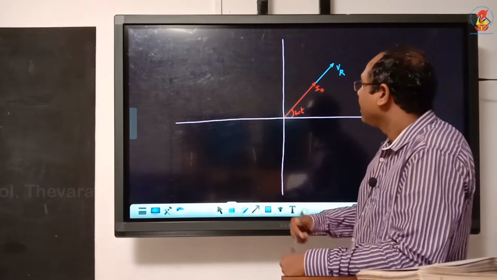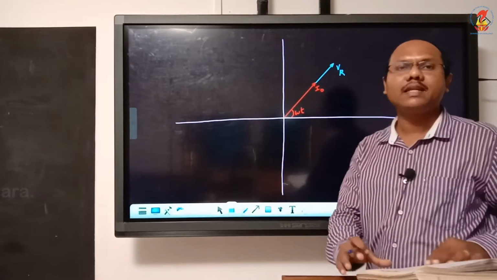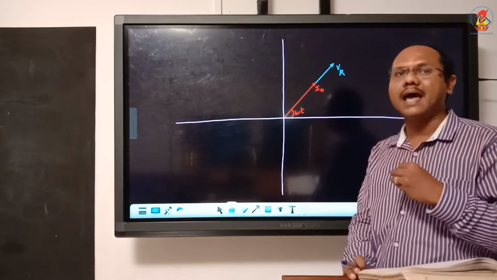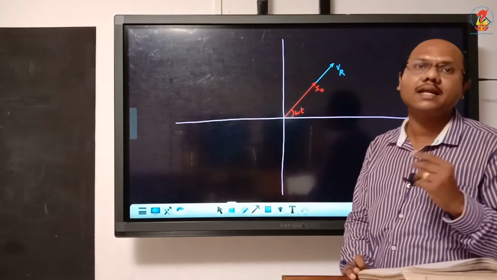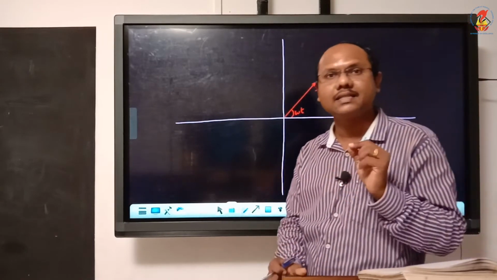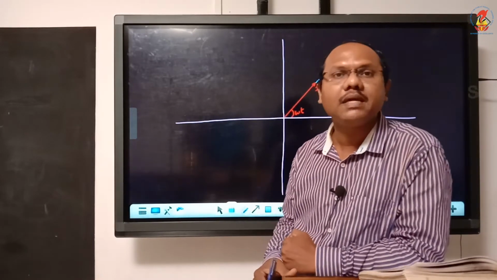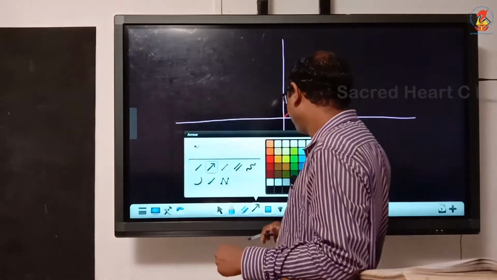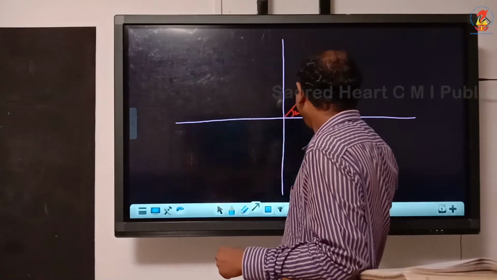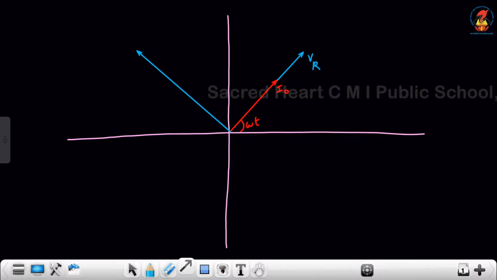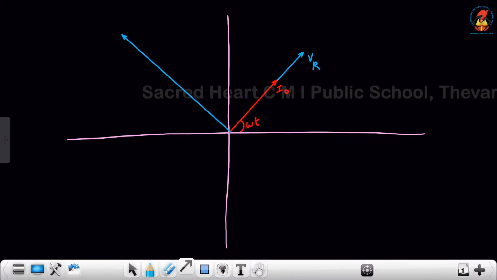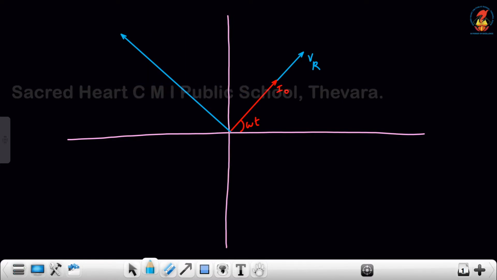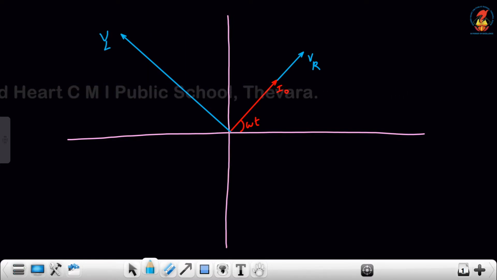VR. Now consider the case of inductor. As I told, in inductor the current lags, that means the voltage is leading. So for inductor I will draw VL like this, voltage is leading. I write VL.